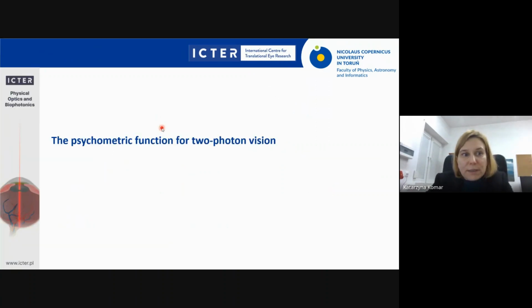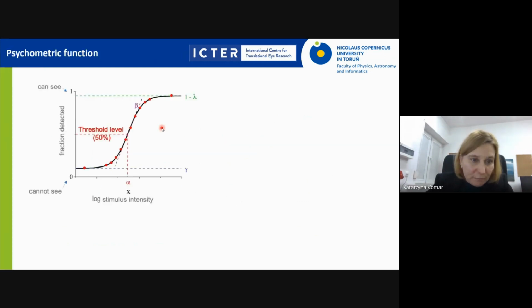So we got this quadratic dependence of brightness on power, and what would be the consequences of that? One of the consequences is a different shape of the psychometric function for two-photon vision. The psychometric function describes the detection probability of stimuli of known intensity.